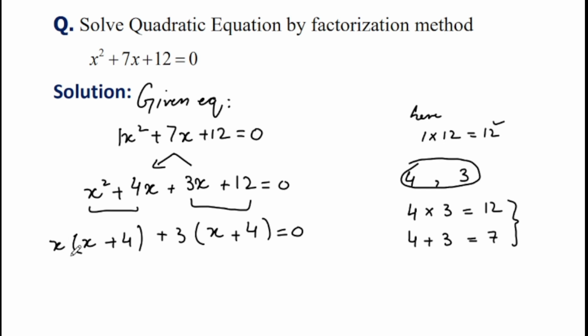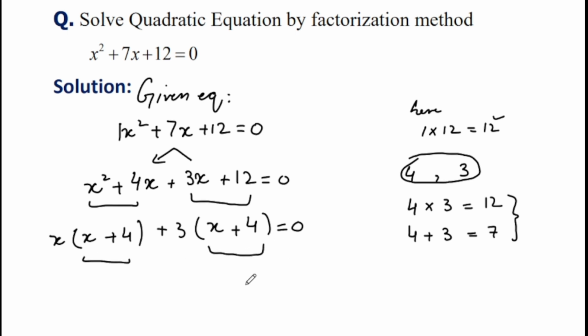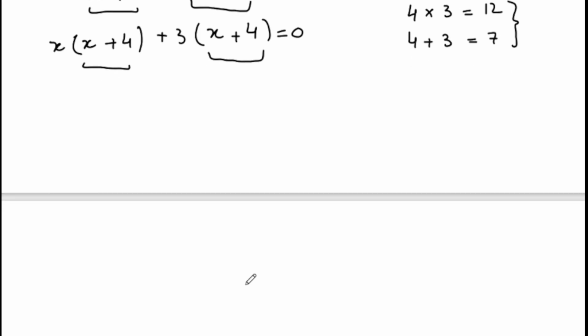Now you can see here in this statement x plus 4 is common. Now taking x plus 4 as the common element from this equation, we have x plus 4 into x plus 3 equals to 0.